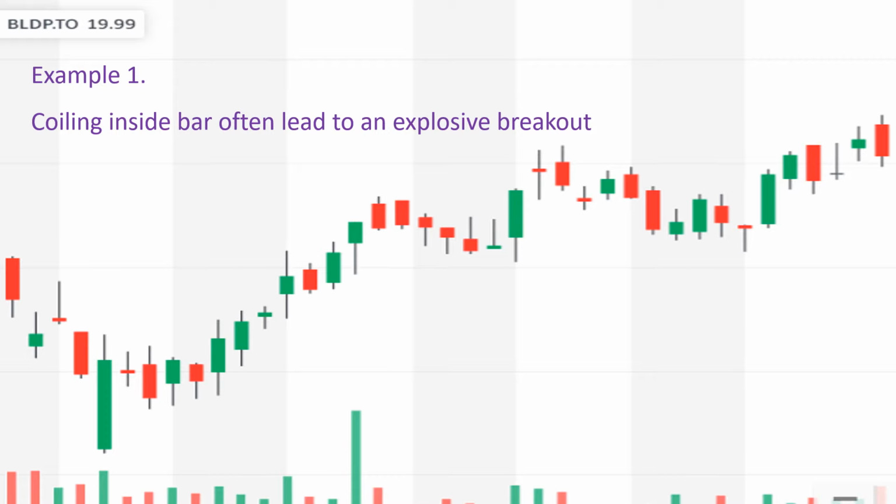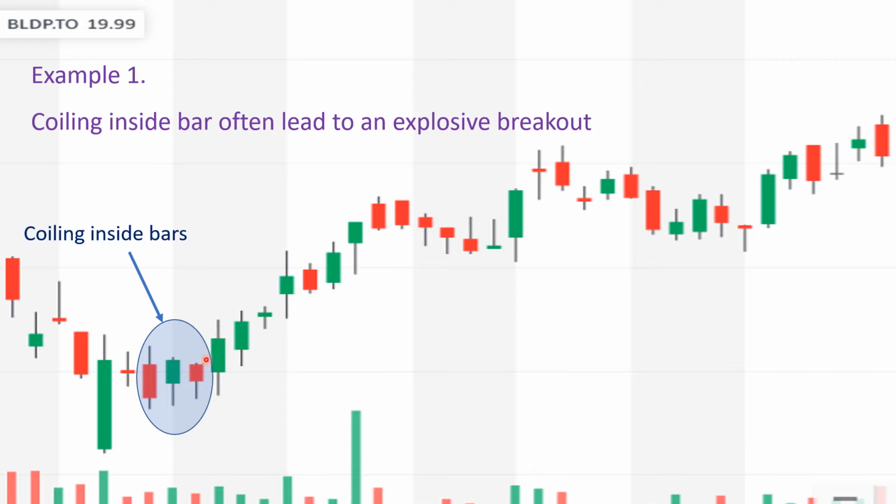In this graph, you see a quelling inside bar at the bottom of a downtrend. As you see from the next bullish candle right here, the buyers are gaining momentum and would like to push the price higher.